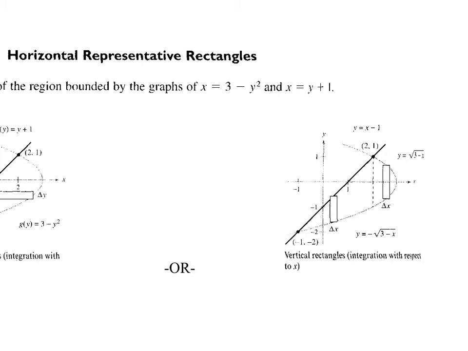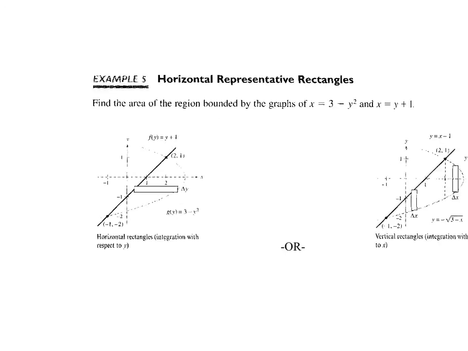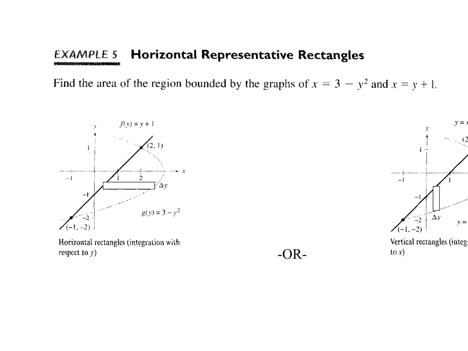Well, if I were to graph those, obviously I'm not dealing with functions here, they're not necessarily functions, because as you can see, 3 minus y squared is this horizontal parabola. And we're trying to find this area enclosed right here.